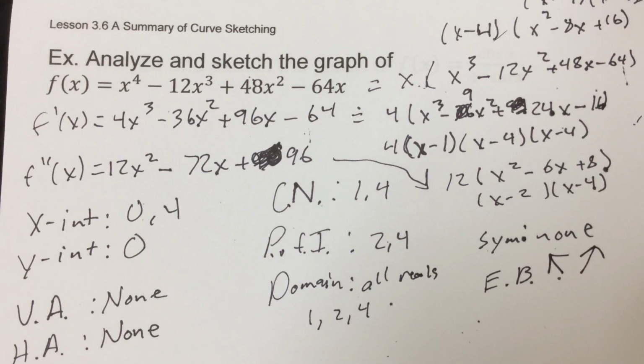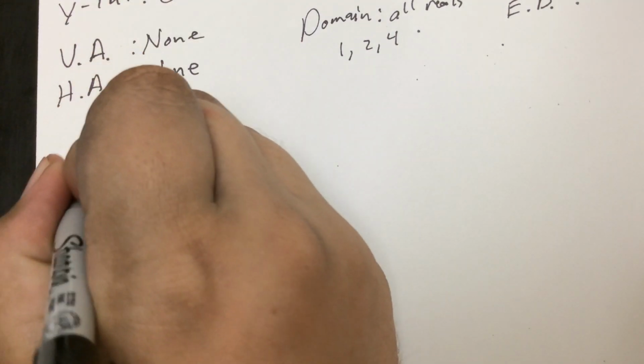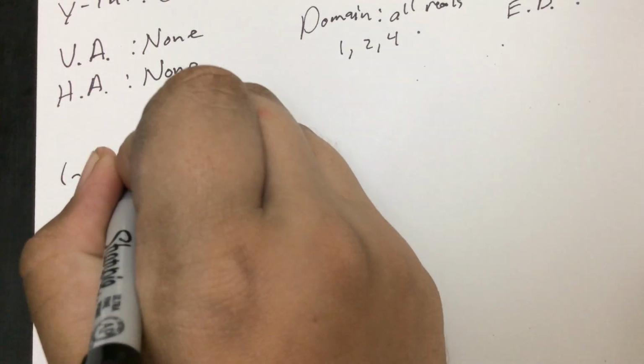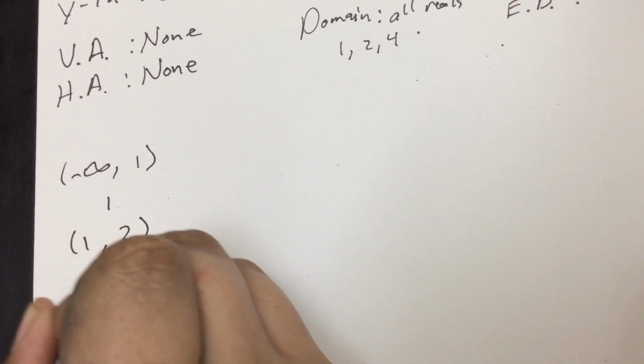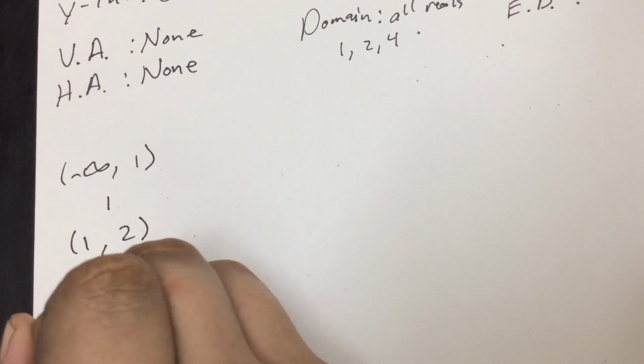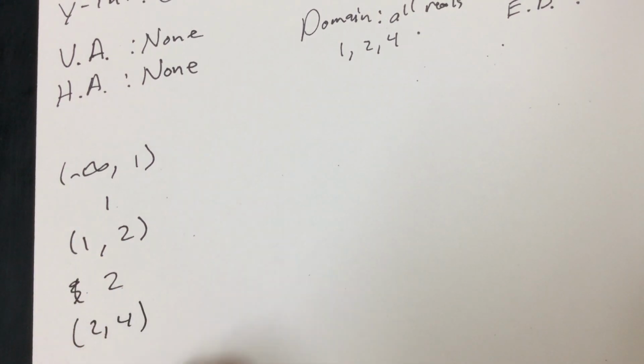Just keep in mind while we do this. So, negative infinity to 1, 1 to 2, 2 to 4, and then 4 to infinity.